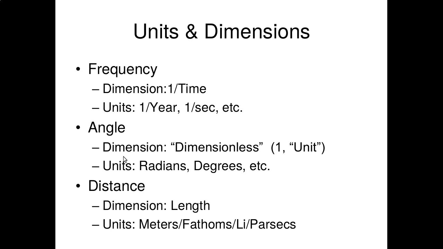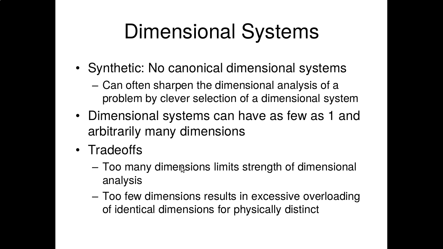Something like an angle has a very special dimension. We talk about its dimension being unit or dimensionless, less accurately, being of unit dimension. But we could, in fact, quantify it in radians or degrees.